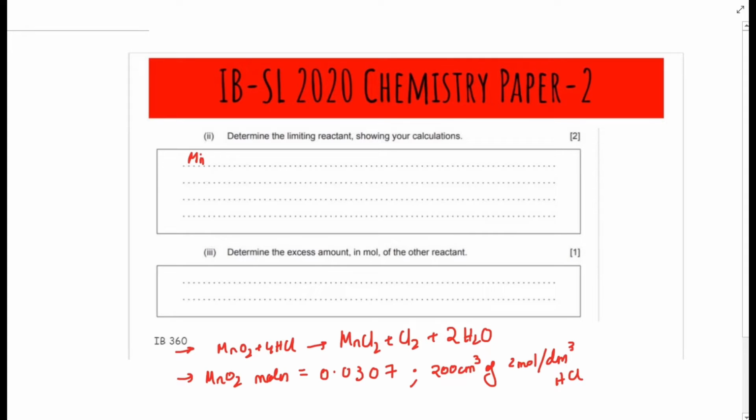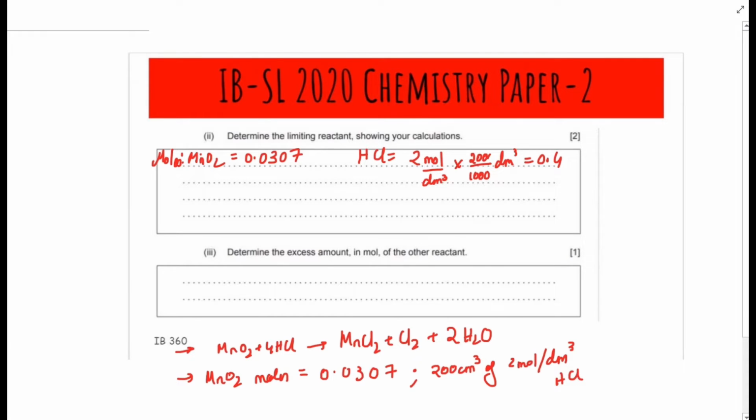Moles of MnO2 would be 0.0307. Moles of HCl would be 2 mole per dm cube times 200 divided by 1000 dm cube. So finally this would be 0.4 moles.